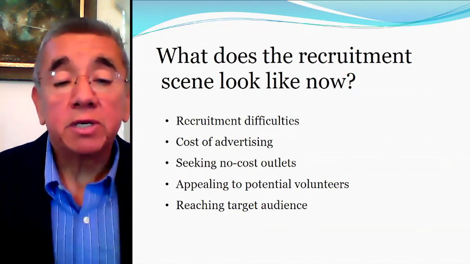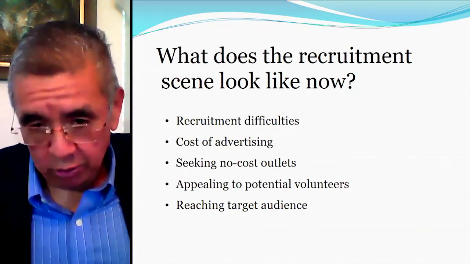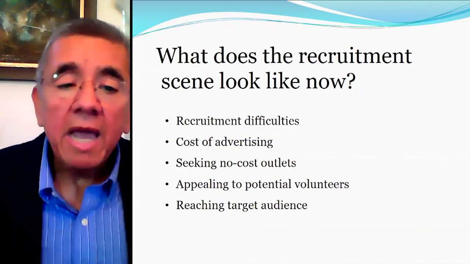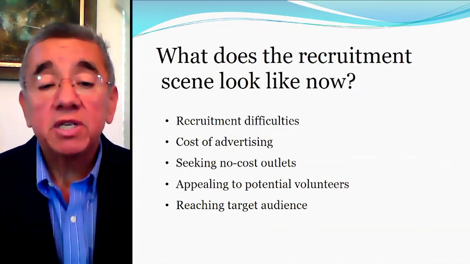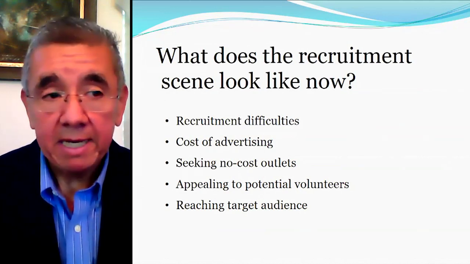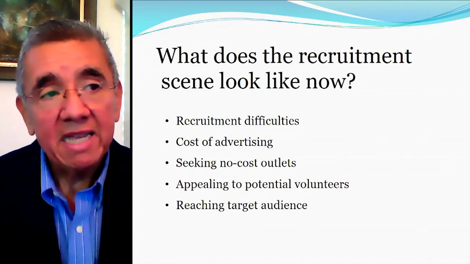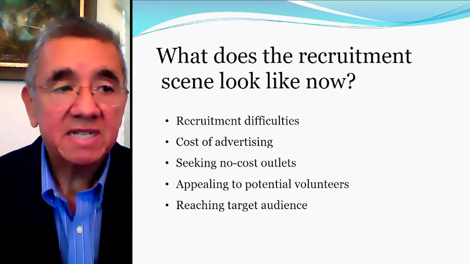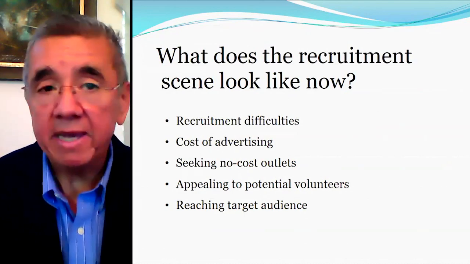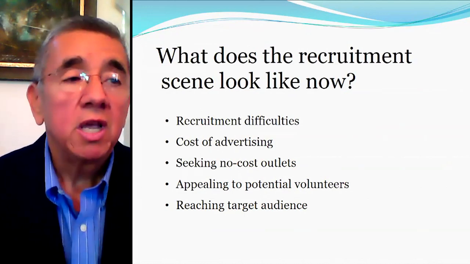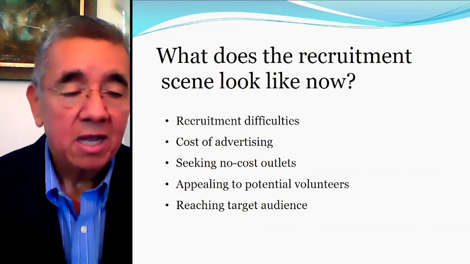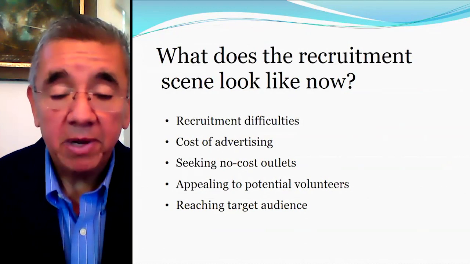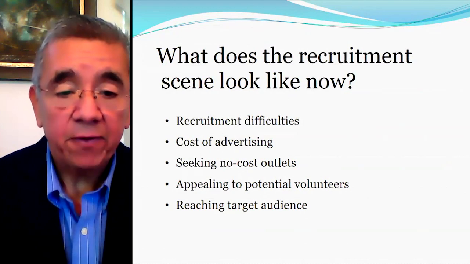And we as recruiters, we try to highlight those points. And how do we reach our target audience? The way that we reach our target audience is by studying what they are looking for. If the study is looking for males 50 years old and older, we try to see what areas this population gets their information from.